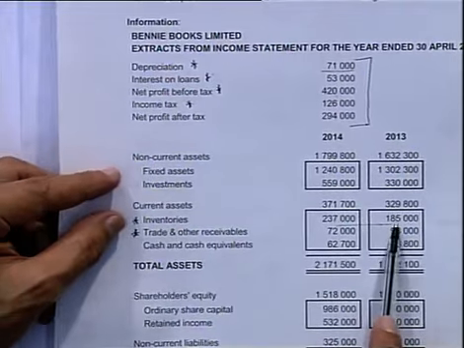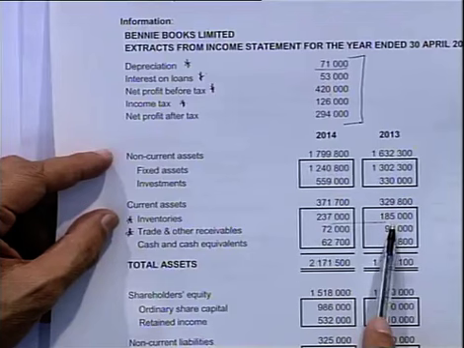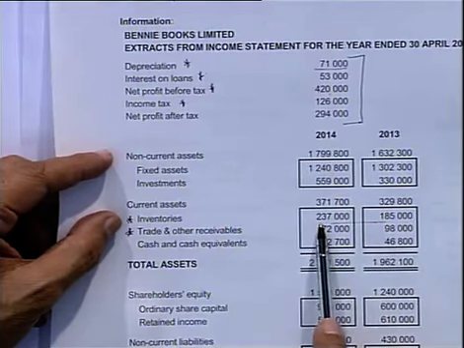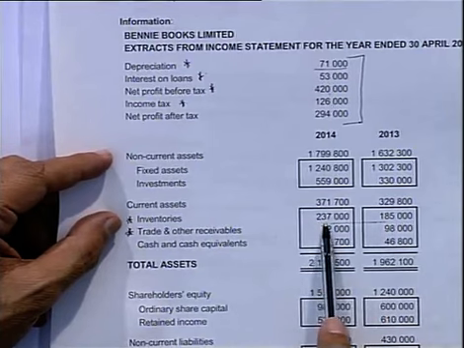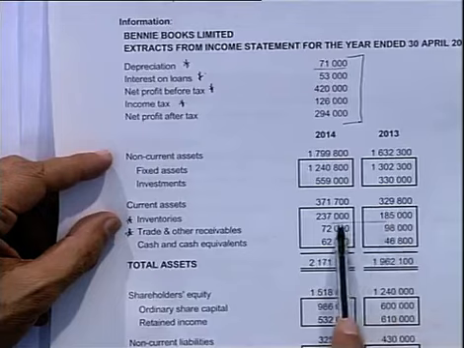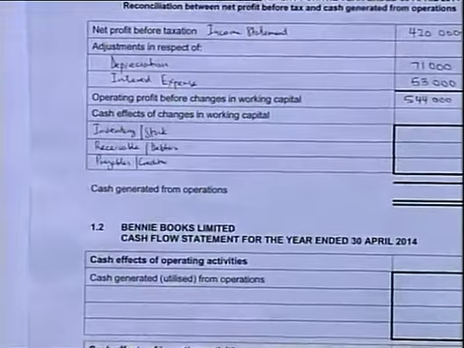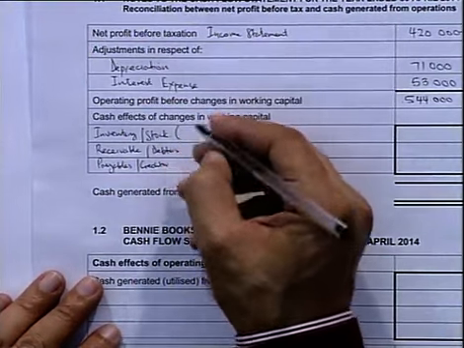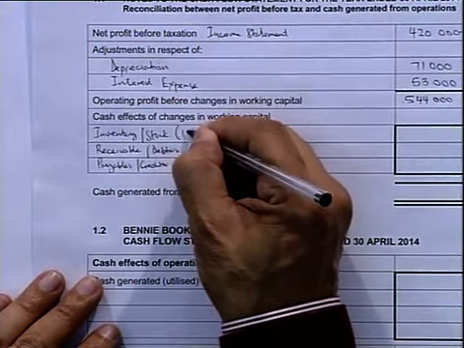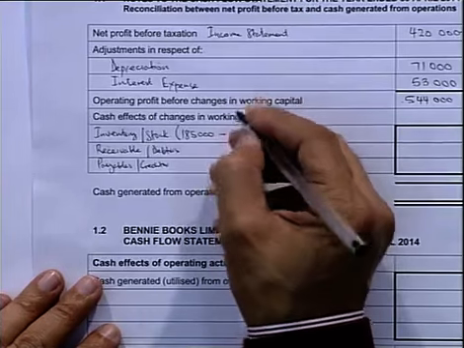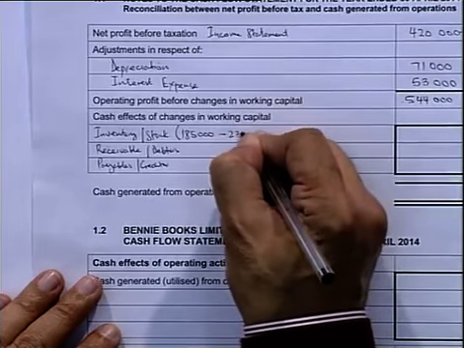So I'm looking at inventory. Last year there was 185,000. This year my inventory increased to 237,000. So those are the two figures that I'm going to use to record it in brackets over here. So the inventory, last year it was 185, and this year the inventory is 237,000.